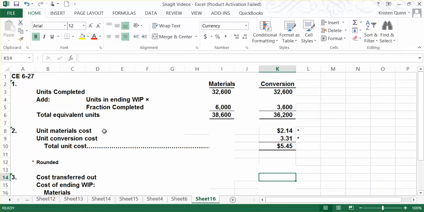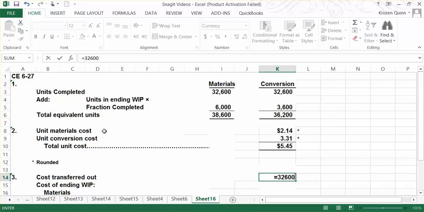In part 3, we need to calculate the cost of units transferred out and the cost of our ending work in process. For our cost of units transferred out, we know in total that we transferred out 32,600 completed units.